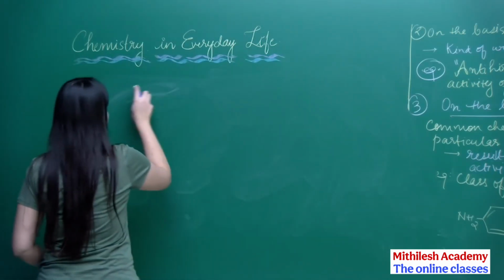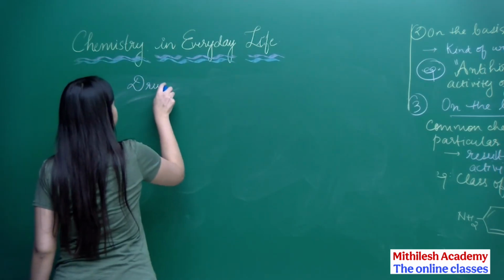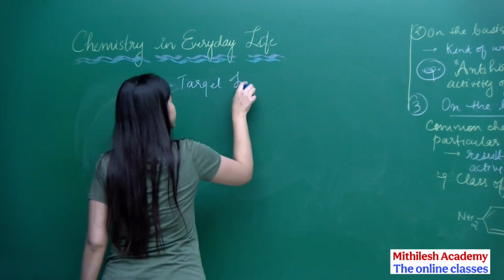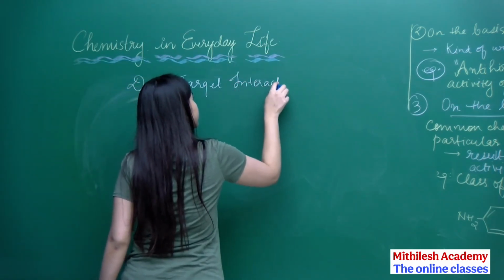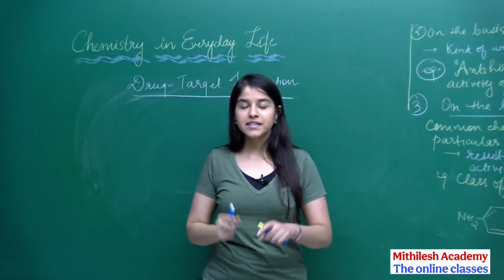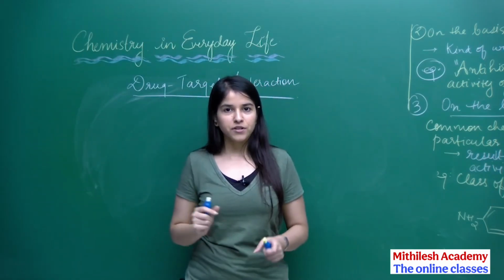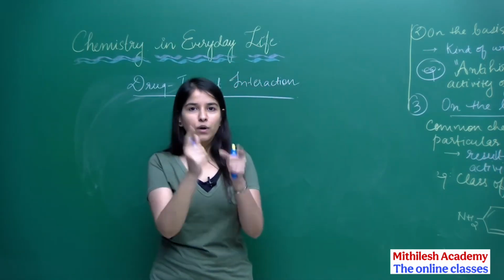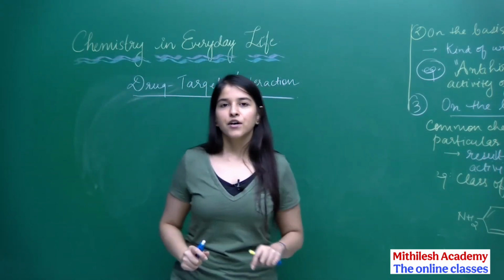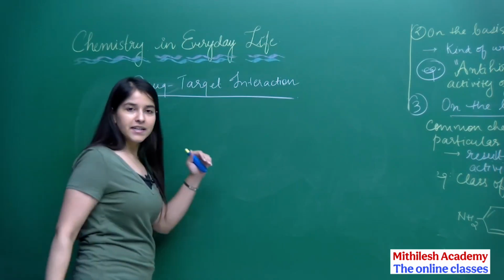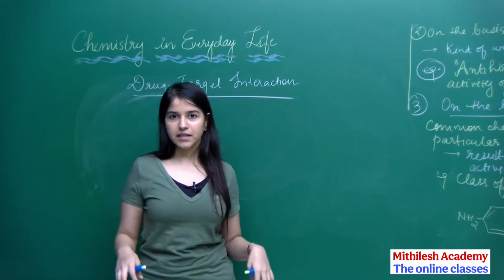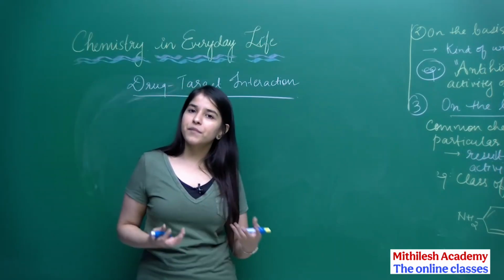Now, let's move on to the topic of drug target interaction. How is the drug actually acting on its target? They are warriors, they are fighters, they need one target as their prime target to attack. So how do they actually attack a target? That is the question. In our bodies we have so many types of macromolecules.